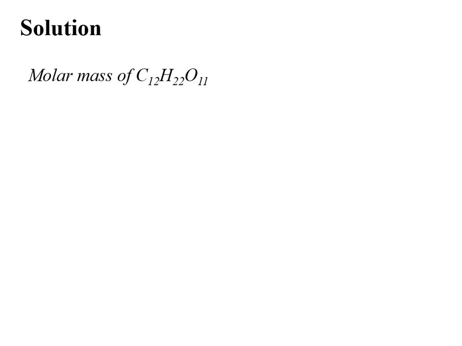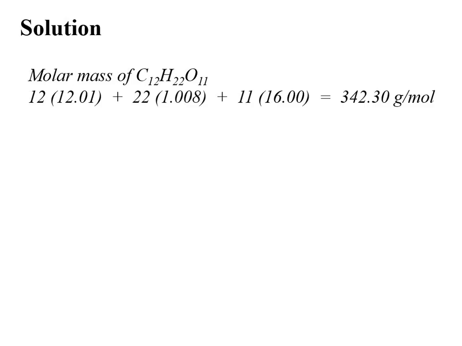So in order to go from grams, I wish I had another color. All I've got is black up here right now. In order to go from grams to moles, we need to use the molar mass of C12H22O11. I graded some homework, and not everybody's showing your molar masses.